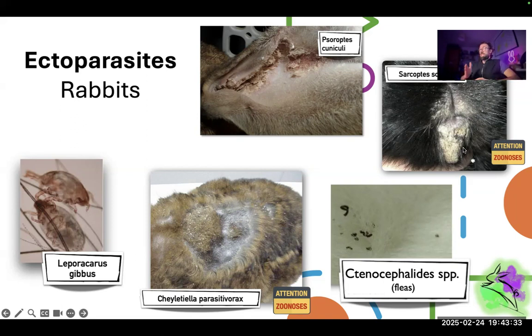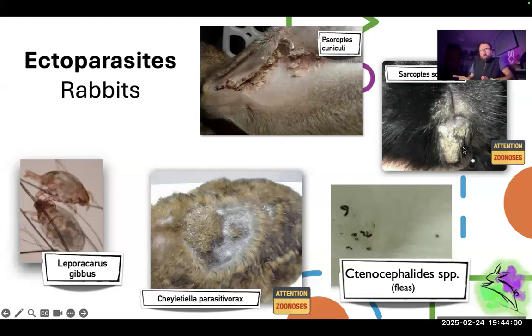You also have to remember that Sarcoptes scabiei and Cheyletiella parasitovorax are zoonoses, meaning they can be transmitted to us. And sometimes it happens that vets can make the diagnosis also by seeing the owner: if the owner is scratching a lot and has little teeny tiny red lesions on the skin, this could be a sign.